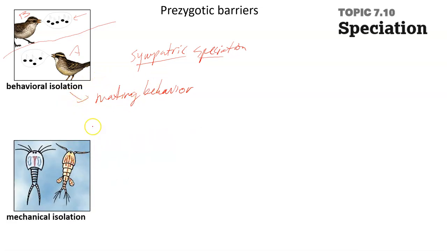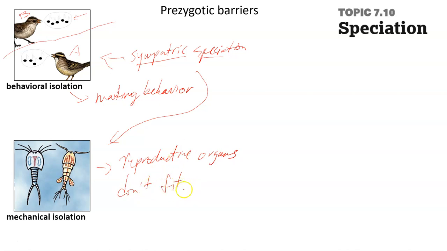Okay, what about mechanical isolation? This is a situation in which sympatric speciation can occur in the same area. It's prevalent among insects because there's many closely related insect species, but this means basically that reproductive organs don't fit.